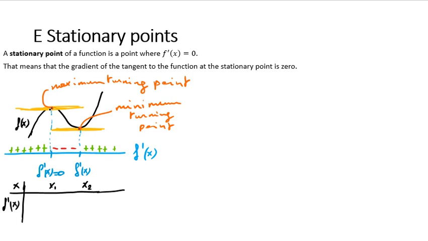We know that at a minimum and a maximum turning point, because those are examples of stationary points, the derivative of the function is equal to 0 there, because we set that. Let me write that there properly as well. Okay, and here we see that it's positive. So the derivative is positive. Here it's negative, here it's positive.